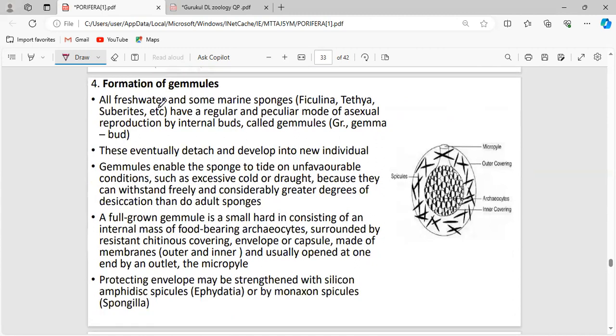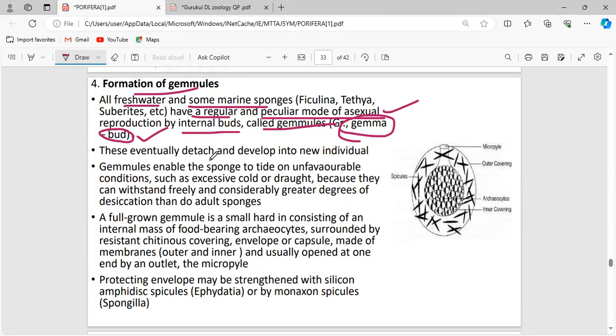Fine. Next, formation of gemmules. All freshwater and some marine sponges have a regular and peculiar mode of asexual reproduction by internal buds, which are called gemmules. The word gemma is derived from a Greek word which means bud.